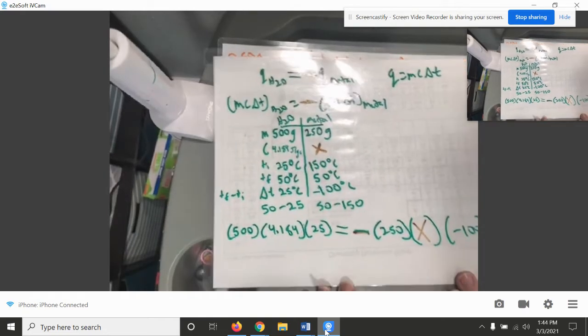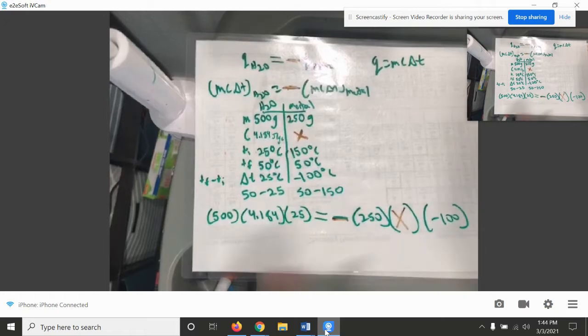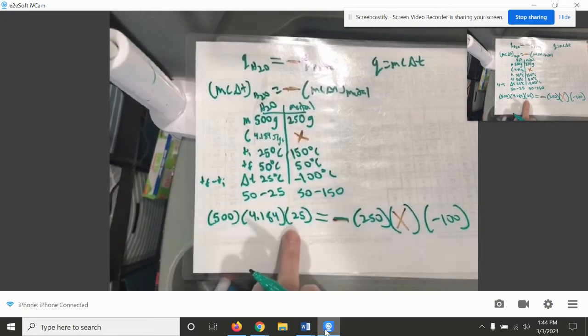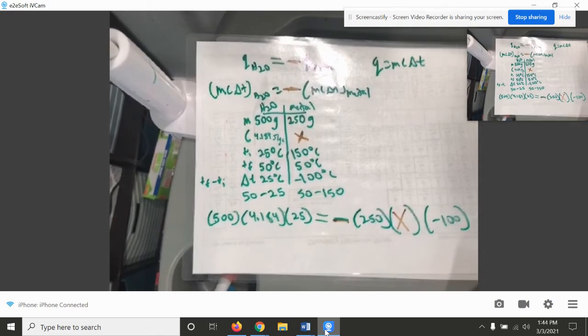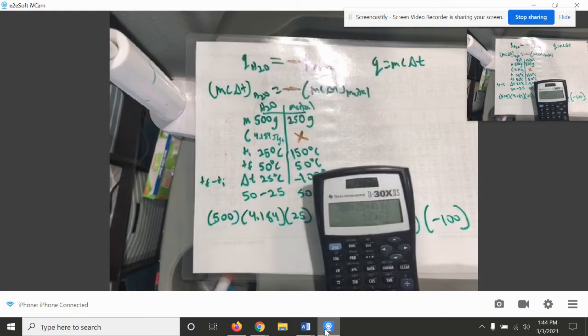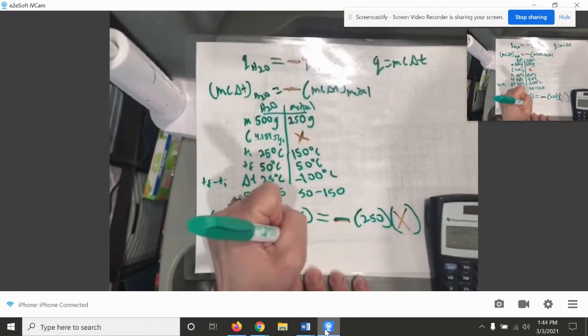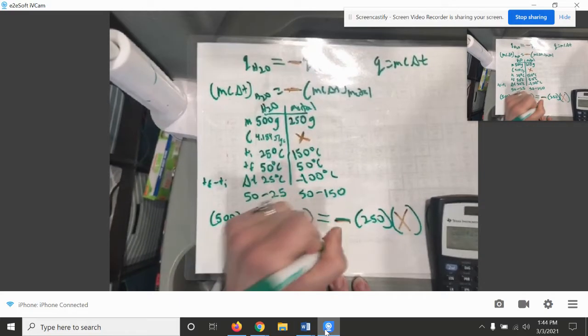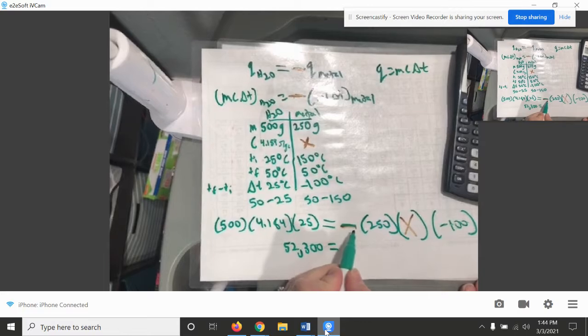And now I'm ready to do my math, all right? Don't overthink the math. Let's simplify the left side first. So 500 times 4.184 times 25. Okay, so just so you can see my proof, 52,300 on this side. All right, on the other side, I basically have a negative 1 in front here.